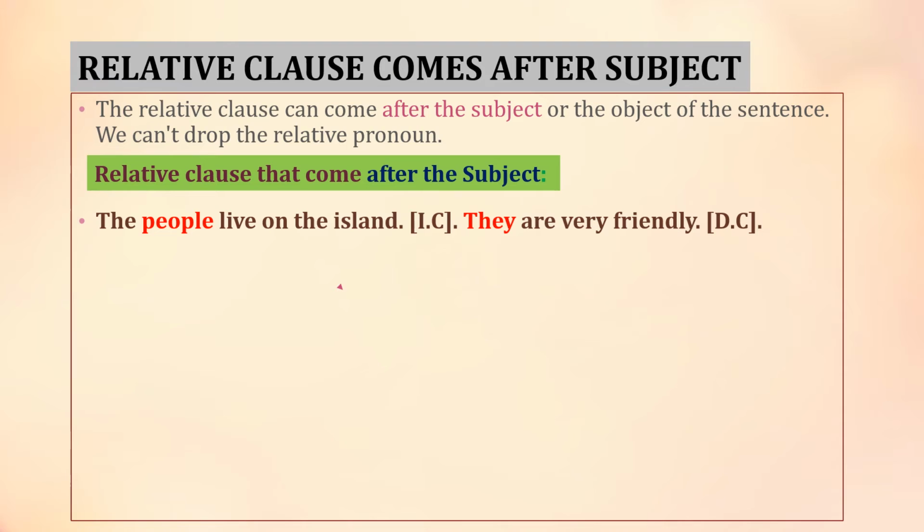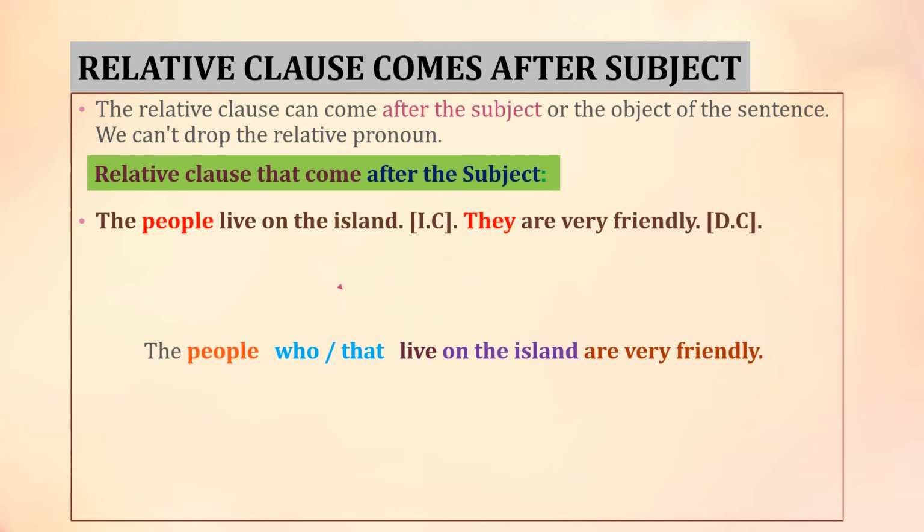Relative clause comes after subject or object. Let us see the example here. The people live on the island. It is an independent clause. They are all very friendly. It is a dependent clause. So when we join these two clauses: the people who live on the island are very friendly.